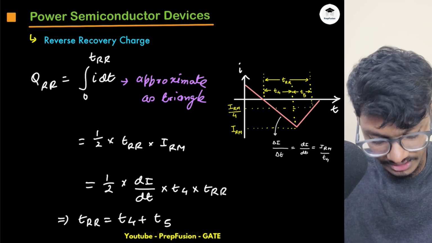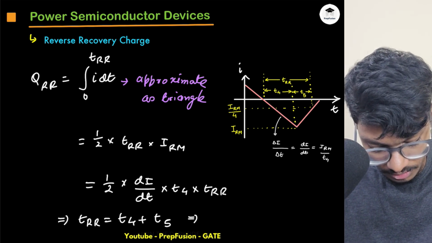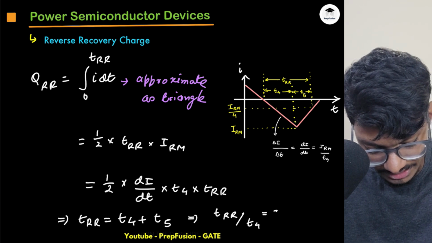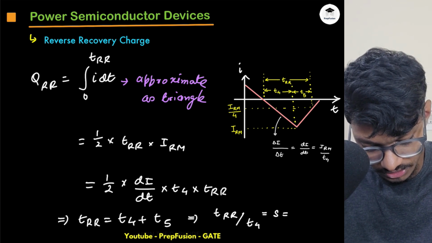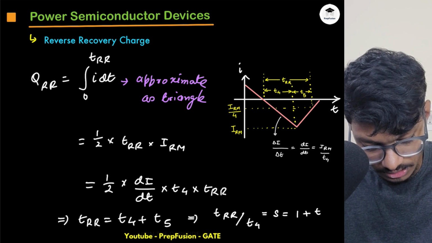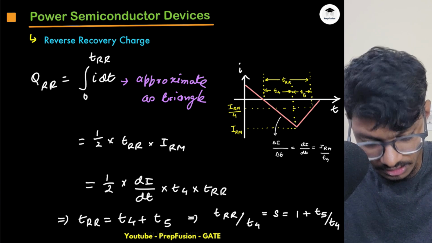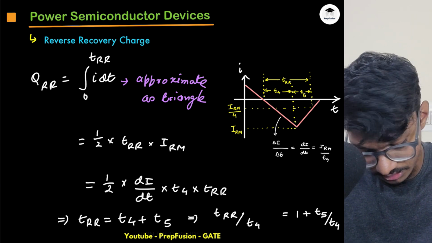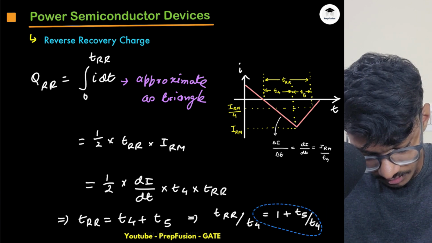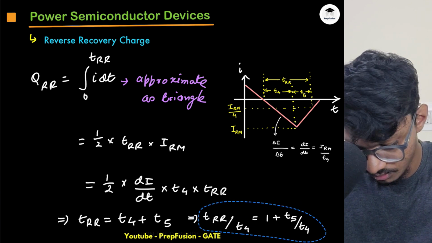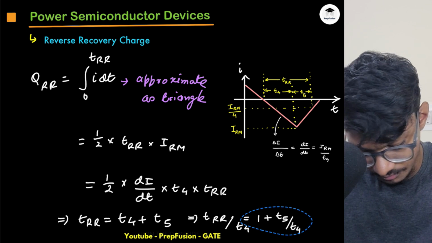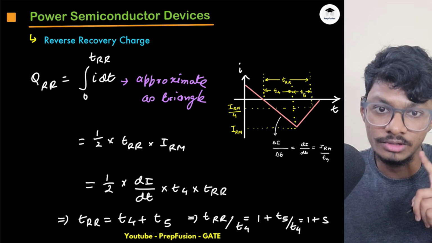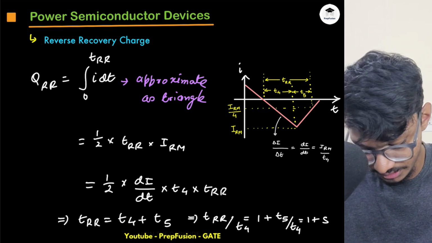If I take T4 common, TRR by T4 is equal to 1 plus S. Sorry, I made a mistake earlier. Now what is S? S is equal to T5 by T4. So I will write it here.